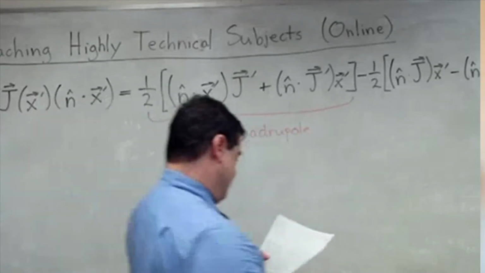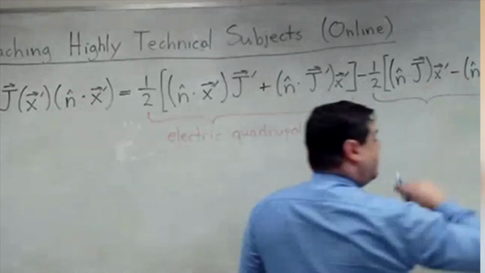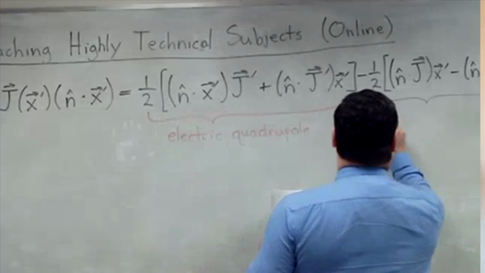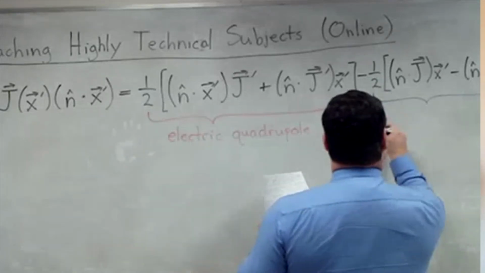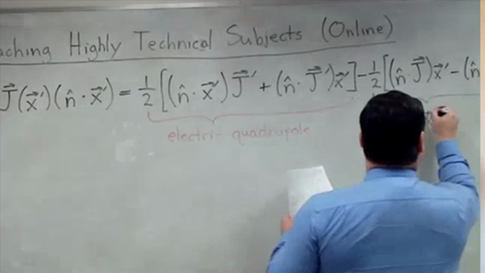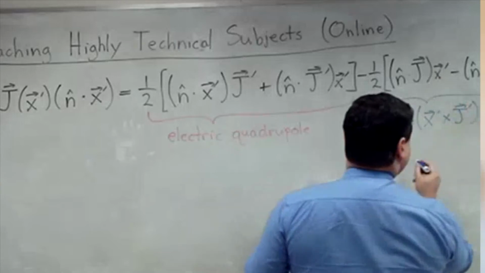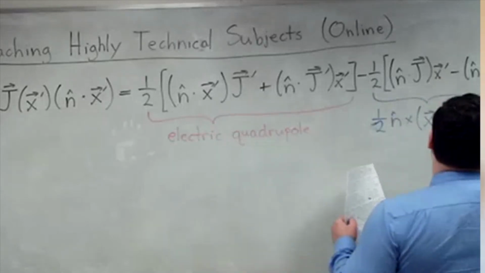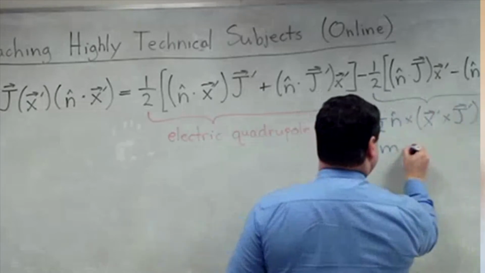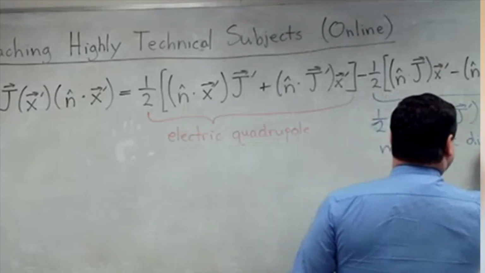Whereas the other term, I point out to my students that they can recognize this form with these vectors can be rewritten as 1/2 n hat cross product with x prime cross j prime, which is just the same as n hat cross n. And that makes this term something that they should recognize as a magnetic dipole.